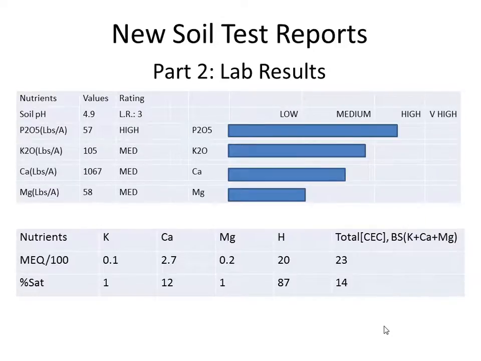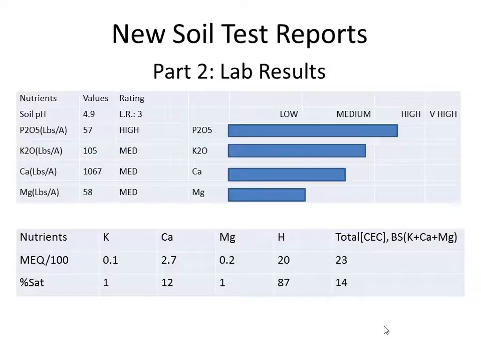All right, but then the results come back to you in both numeric form, that's this first column here that says the values, the category form, this is the rating, but then also these nice things that are called dashboards, right? That gives you a graphical indication of where your soil is falling on the low, medium, high, very high, excessive levels, okay? So I want to make a couple of points about this, and that is our phosphorus was testing 57, okay?